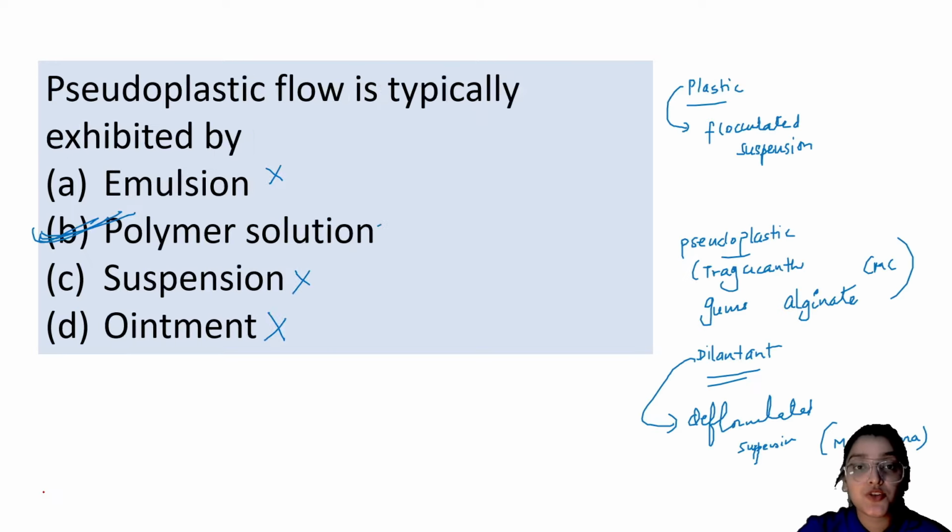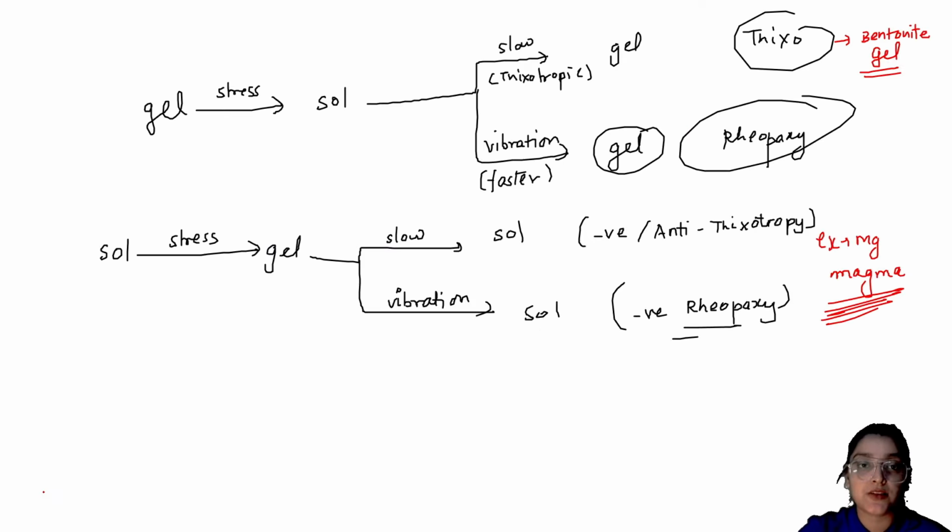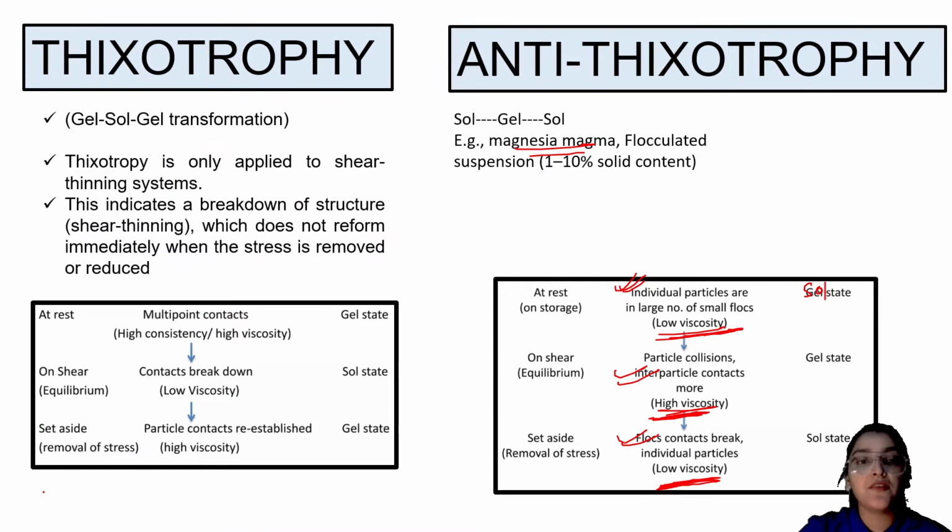I'll just show you the slide. Here I have mentioned that thixotropy is applied to the shear thinning systems, which are the pseudoplastic ones, and shear thickening systems are the dilatant ones.